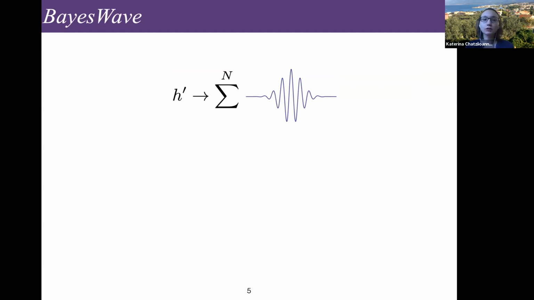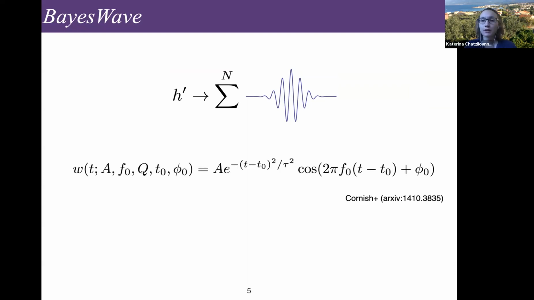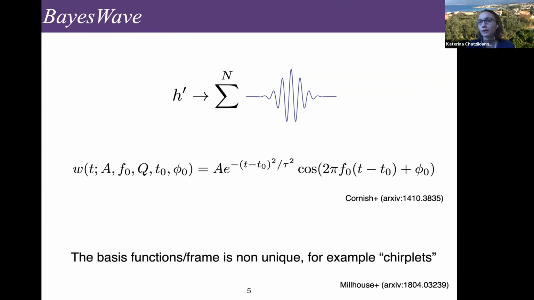So your signal, or H, now looks like a sum of functions that look like this form here, which is basically a sine-Gaussian. Essentially, think of it like a sinusoid that oscillates with an envelope that makes it decay. Okay, so this choice is of course not unique. You can do different things, but this is what I will be talking about today.